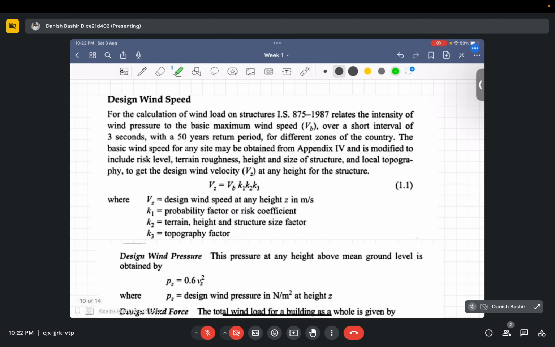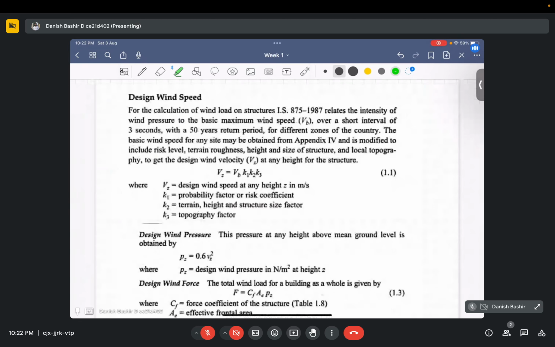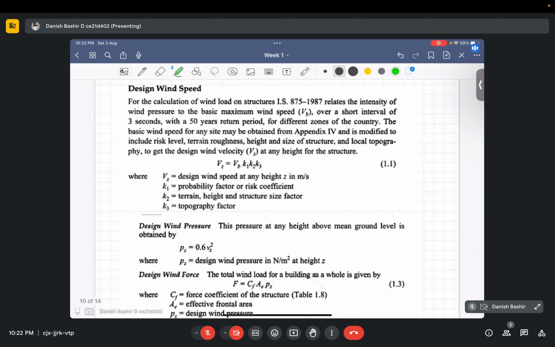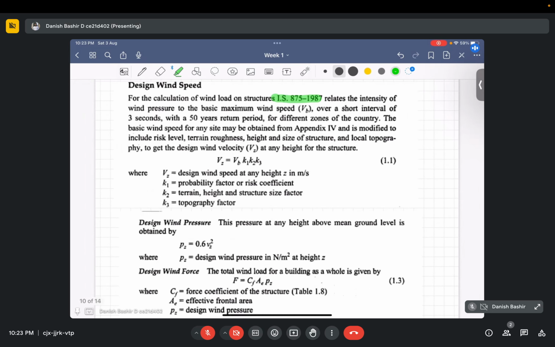So looking at all these things, we now want to calculate the design wind speed at any height. What will be the design wind speed at any height on our structure? I already told you that for loads we use the IS 875 1987 version. It has fixed the basic maximum wind speed throughout India, and it is denoted by VB.